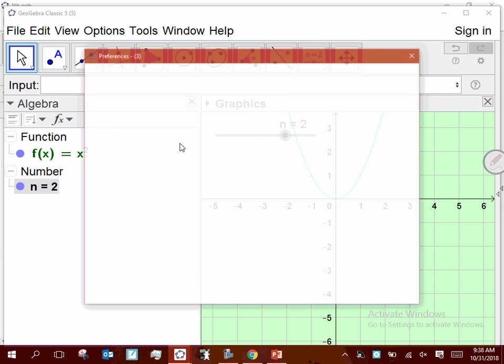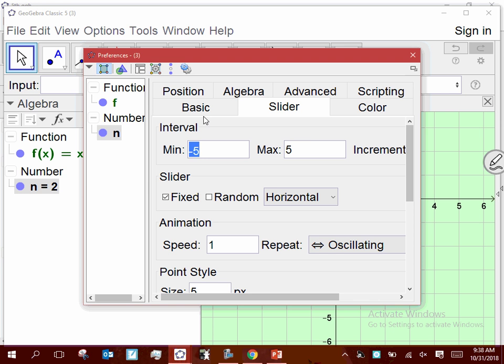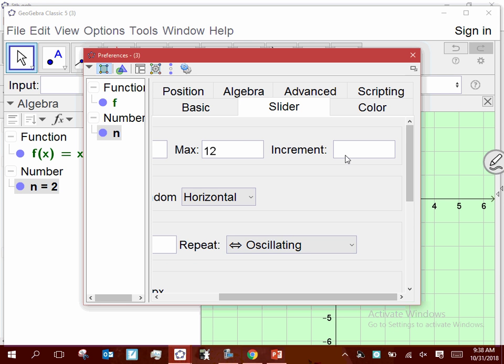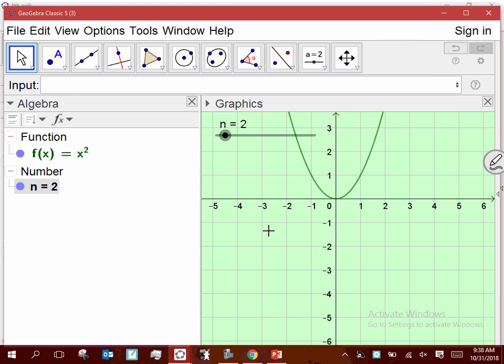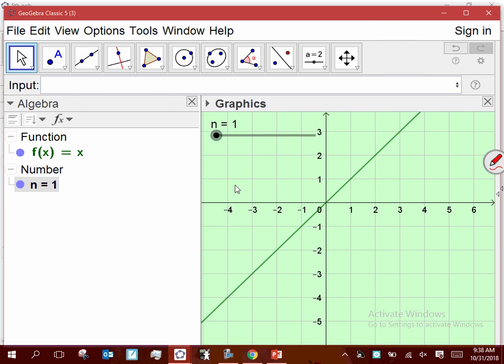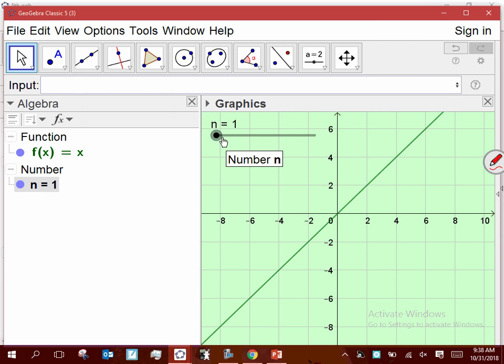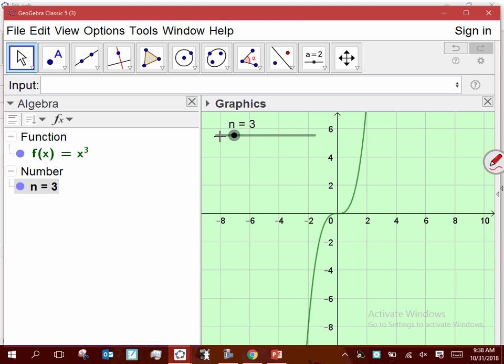Let's just change these so we don't get any of those fractional exponents. Start at 1, go to 12, increments of 2. All right, so that's a linear function. That's a cubic, right? Quintic, 7th degree, 9th degree, the 11th degree. I showed you this yesterday.